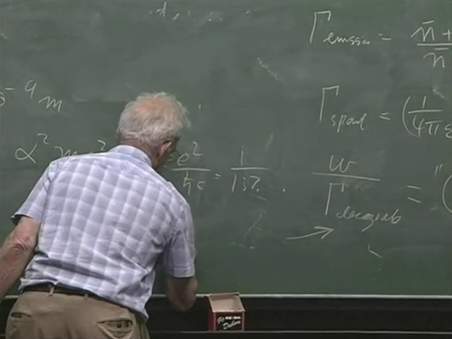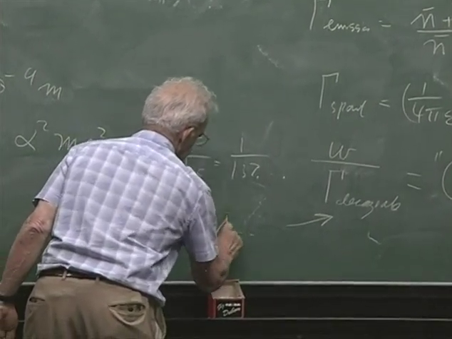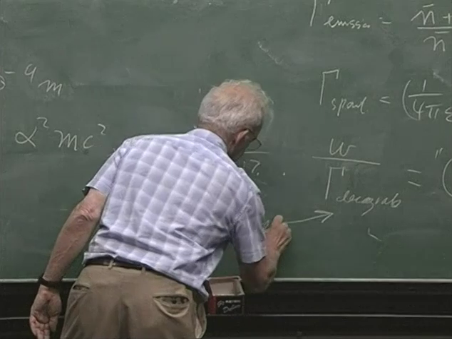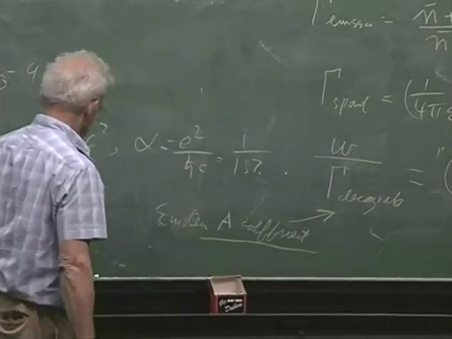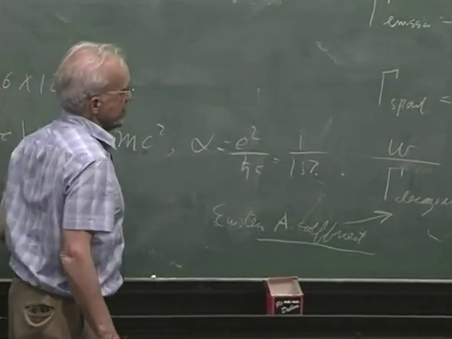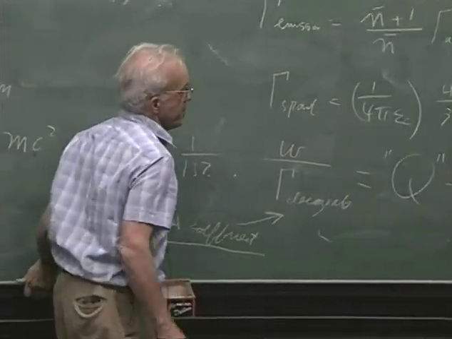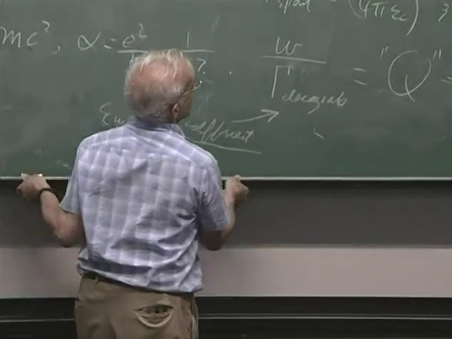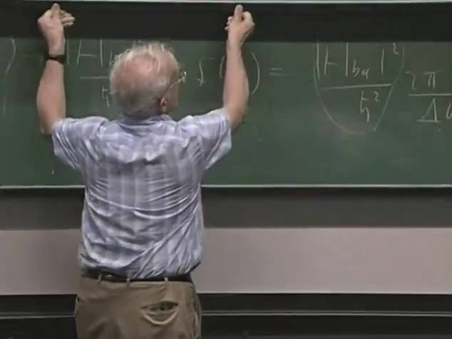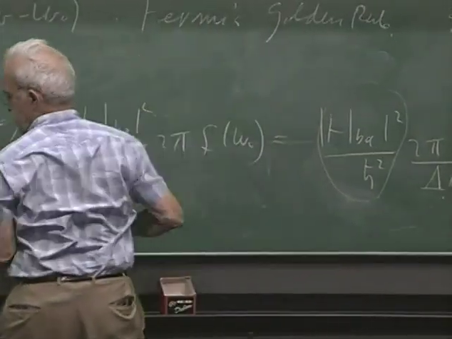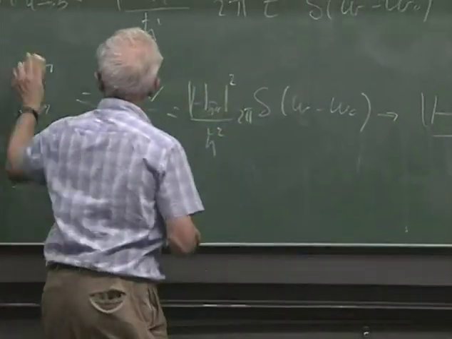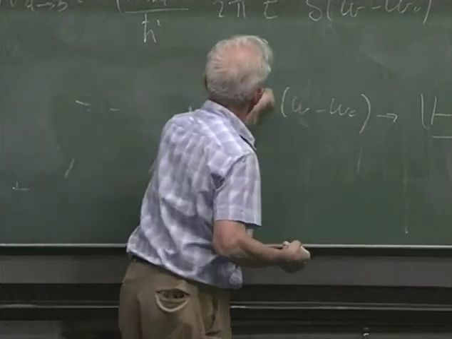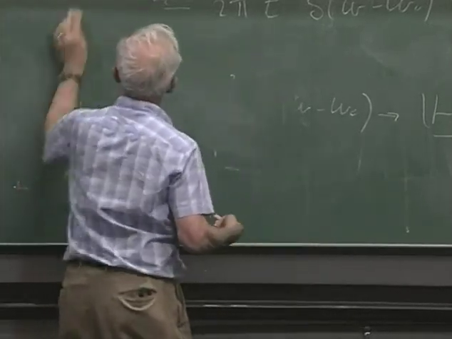This is the Einstein A coefficient. Now, in any process of absorption or emission, we have a matrix element which comes in, and I've been talking about the dipole approximation over here.